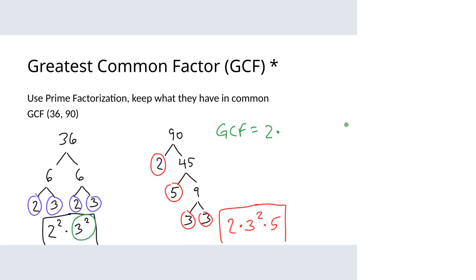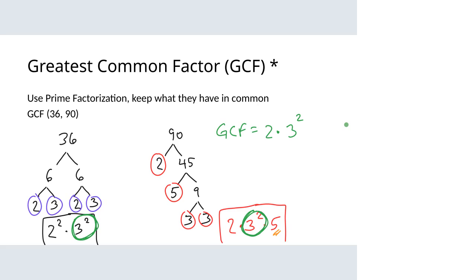Then this one has 3 squared. This one also has 3 squared. So I can keep 3 squared. I can keep both of those 3's. Since this one has 2 3's in it and this one has 2 3's in it, I can keep them both. And so I wind up with 2 times 3 squared as everything that they have in common. What about this 5 over here?